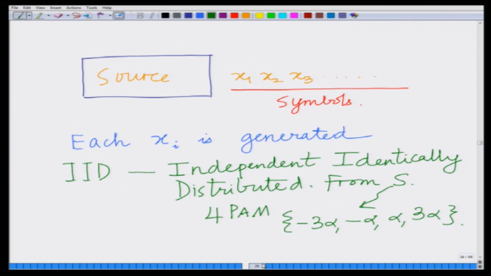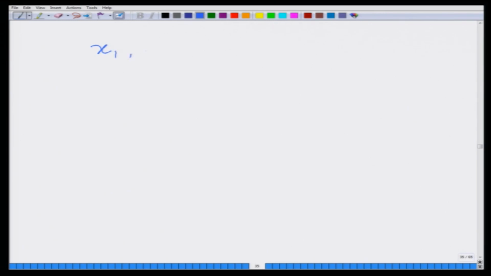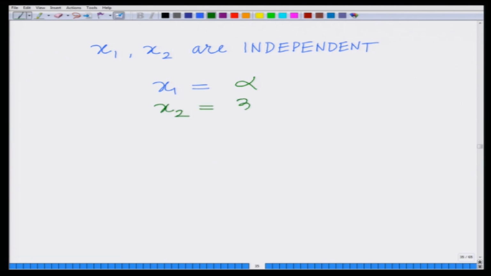So, let us ask the question, if x1 and x2 are independent, what is the probability that x1 is equal to alpha and x2 is equal to 3 alpha.